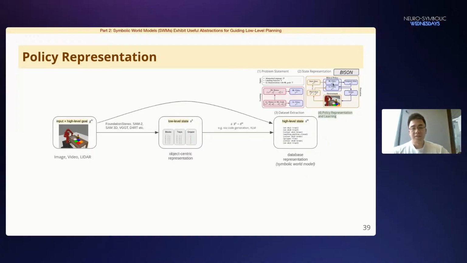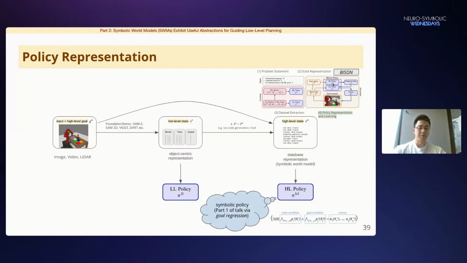So with dataset extraction aside, we can now move on to policy representation and how we can learn policies given both our low-level and high-level demonstrations. From our low-level demonstrations, we're going to learn a low-level policy that's neural and a high-level policy that's symbolic.